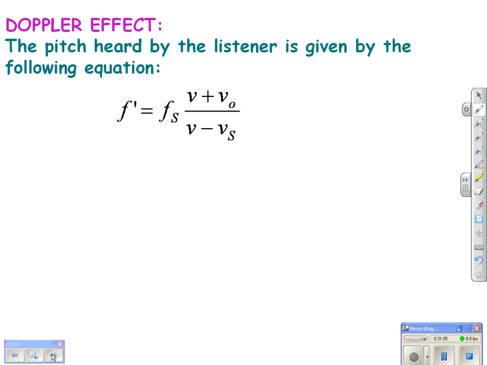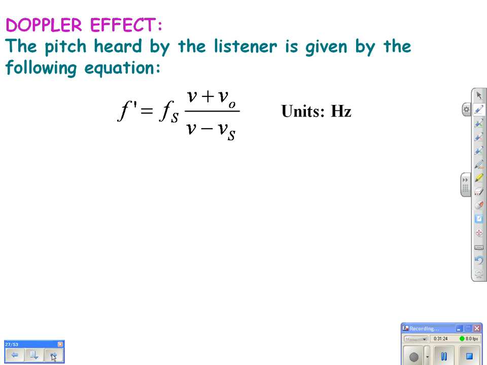Now, the Doppler effect. The pitch heard by the listener is given by the following equation. This is your new equation for this unit. We have f' equals f_s times (v plus v_o) over (v minus v_s).